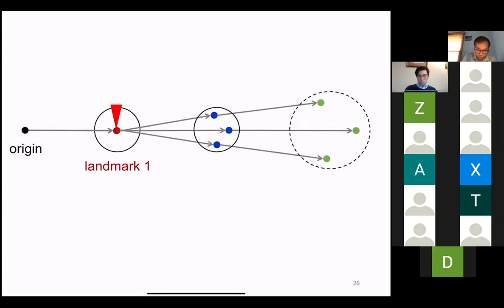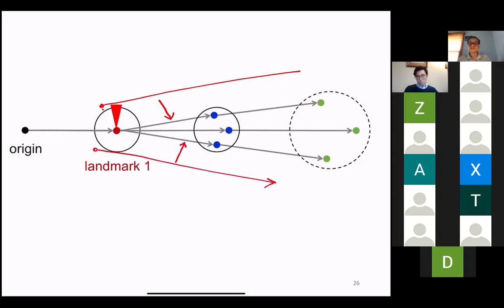And the path that started from here, I bring that path to here. And the path that started from here, I bring that path to here. Which means this error, the blue error which was this much, now has become this much.